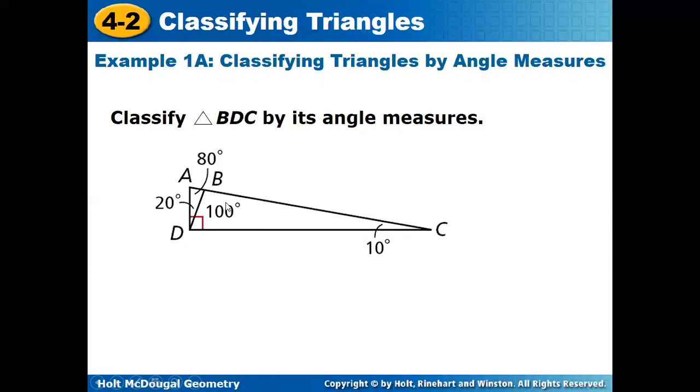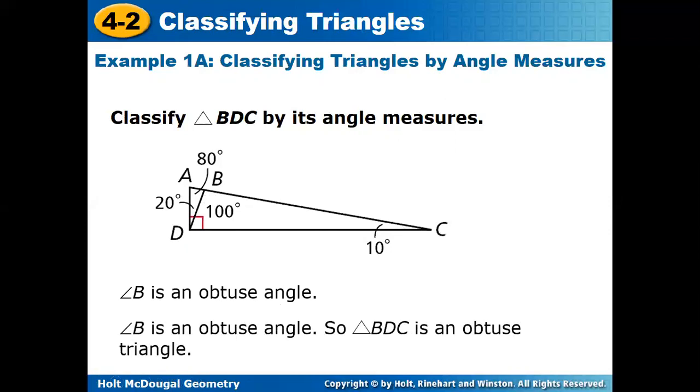So we can find now one of the angles of the triangle is obtuse. So this triangle will be an obtuse triangle. Angle B is an obtuse angle. So the triangle BDC is an obtuse triangle.